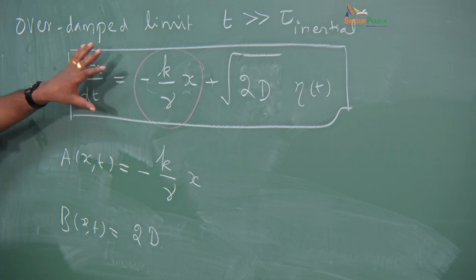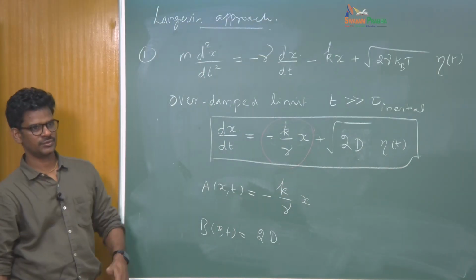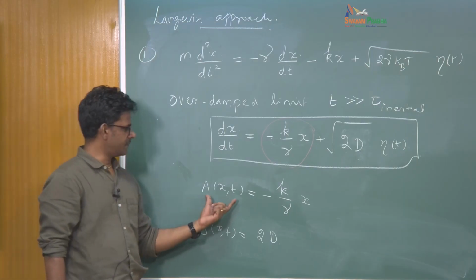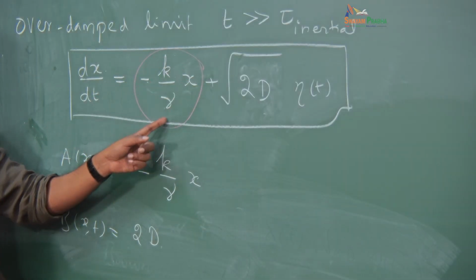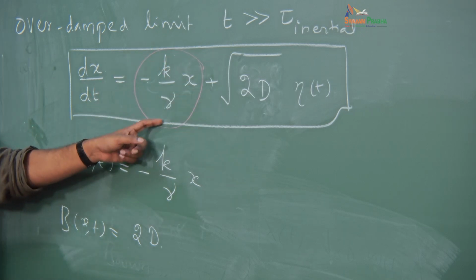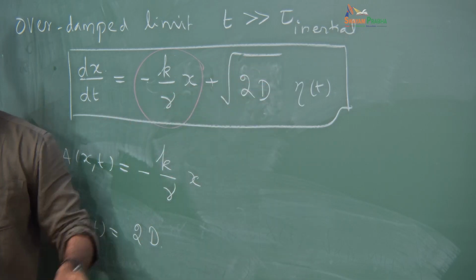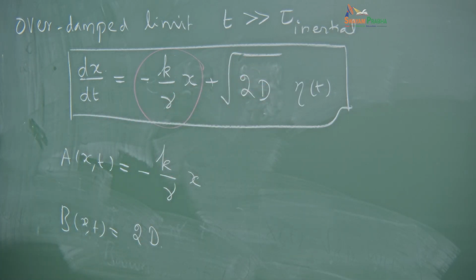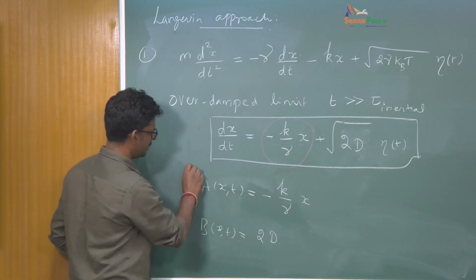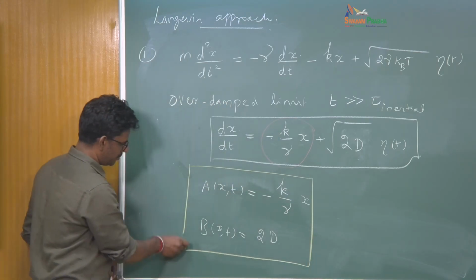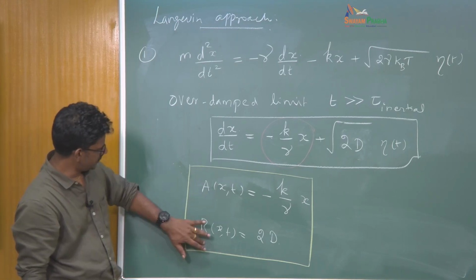So the problem that we have set up in terms of Langevin equation, if you want to write this in terms of Fokker-Planck equation, the function a, which tells you about drift, is nothing but the first term, and the b is going to be the term that is within the square bracket. So this is an important result to model a Brownian particle confined to a harmonic spring by choosing these a and b.